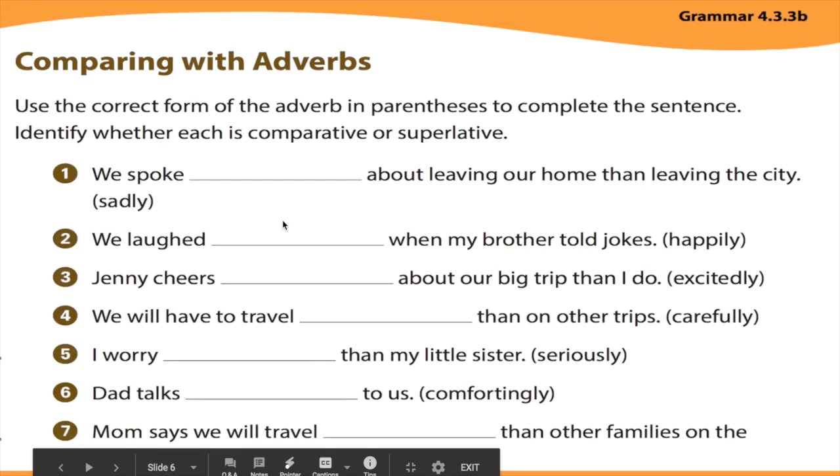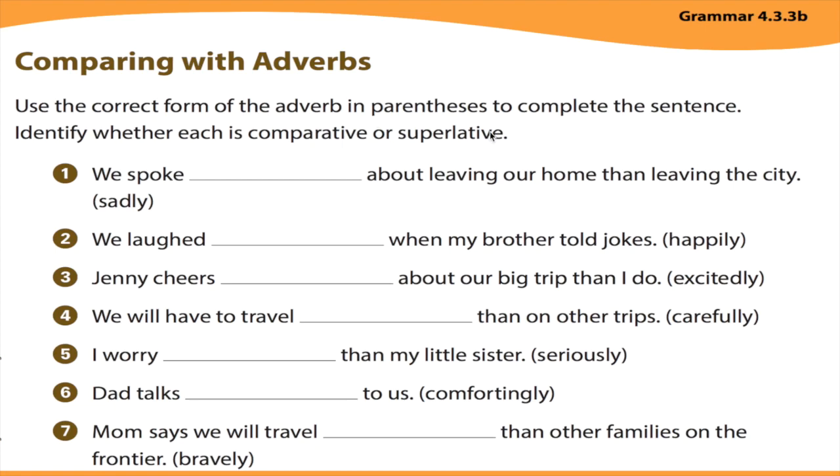All right, so let's practice together. Use the correct form of the adverb in parentheses to complete the sentence. Identify whether each is a comparative or a superlative. So if I'm looking and it said, we spoke blank about leaving our home than leaving the city. So my adverb is sadly. Would this be more sadly? Am I comparing 2 things?